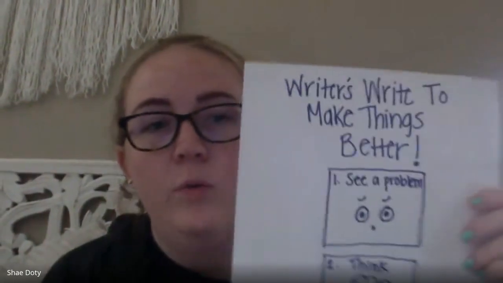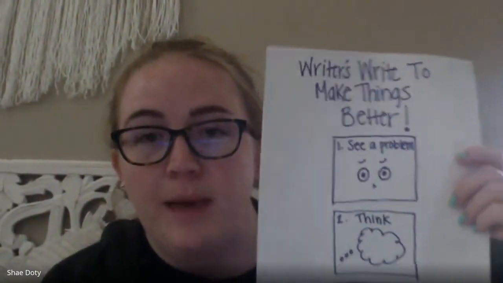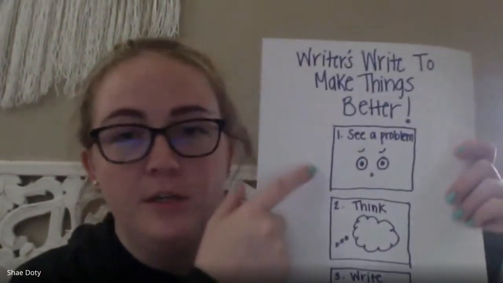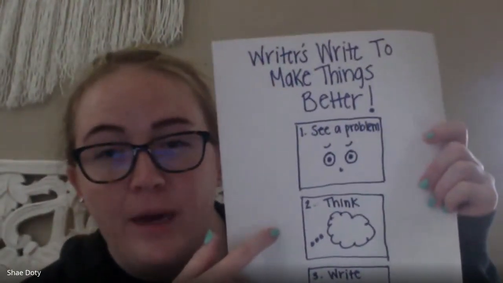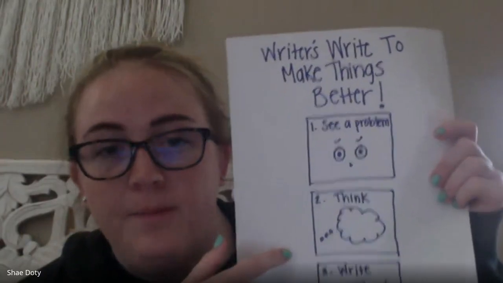And I want to remind you of our checklist on how we write to make things better, where we first see a problem, then we think about why it's a problem, and then we write about it, and then remember we added the who to our lesson.